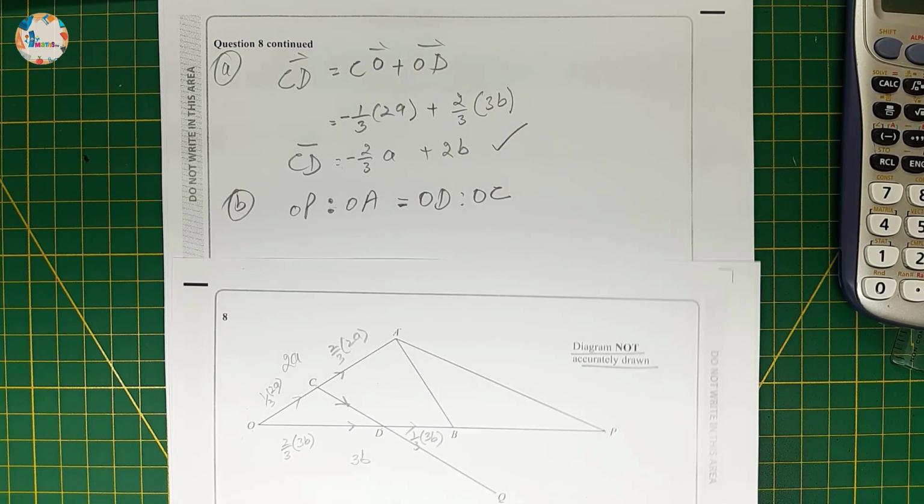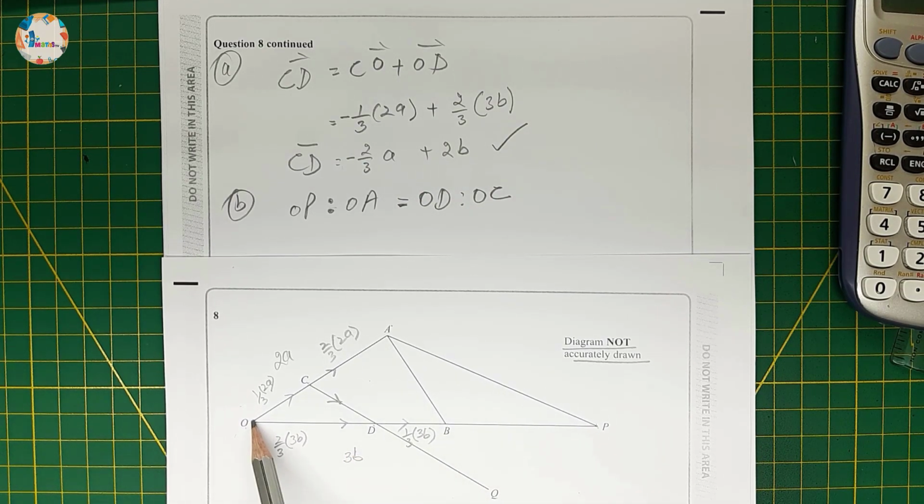This is what we know from here. OP ratio OA will have the same ratio as OD ratio OC.